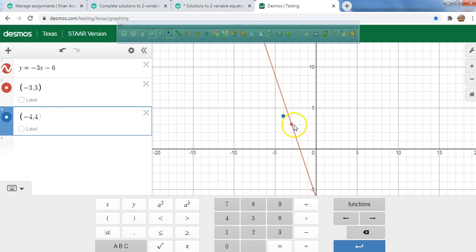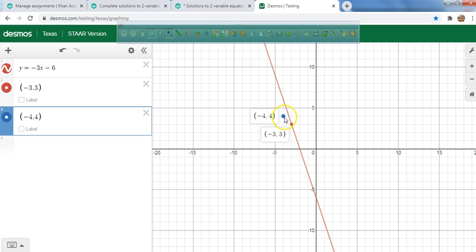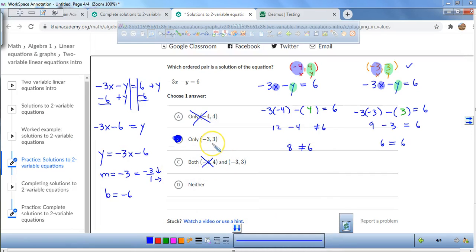So this is a solution, but this is not a solution because it's not a part of the equation. If it's a part of the equation, it's an answer. If it's not a part of the equation, it's not the answer. So that's why I'm only going to choose negative 3 comma 3.